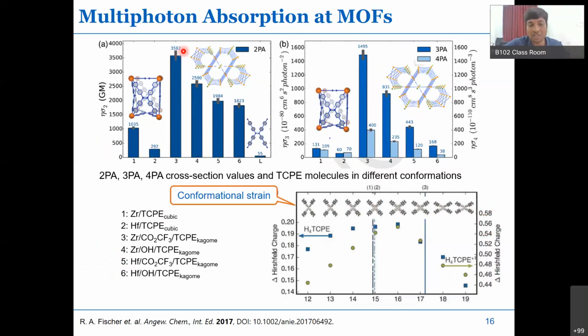It is up to around 3600 GM, and by different substituents, from zirconium to hafnium, the value has been reduced, so we can tune it now.